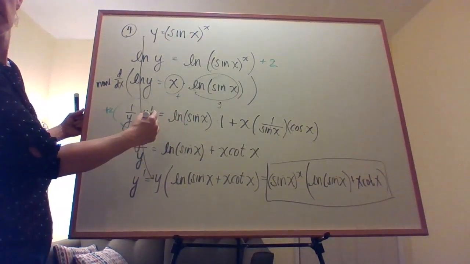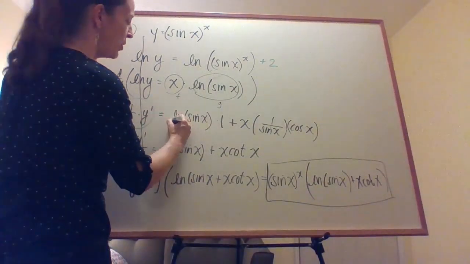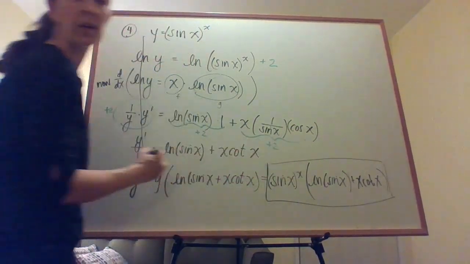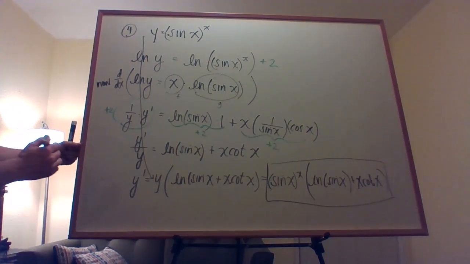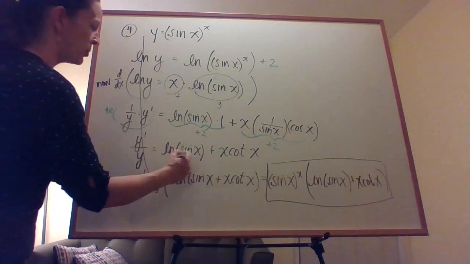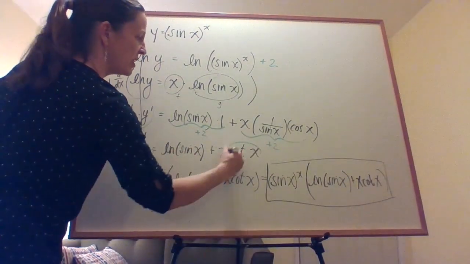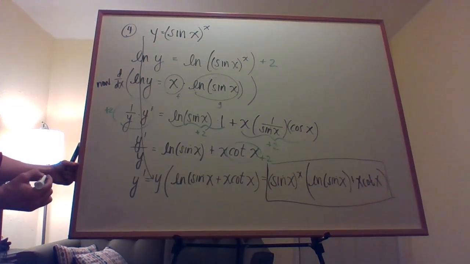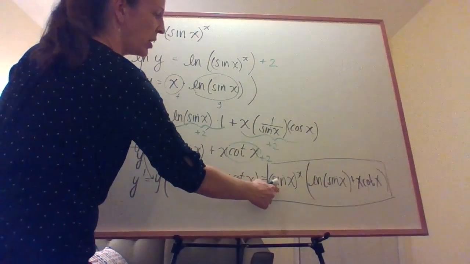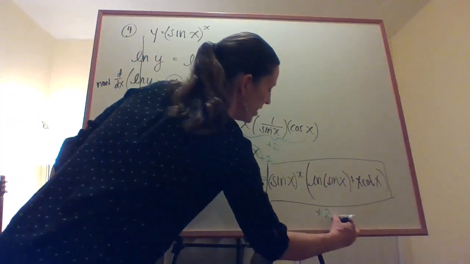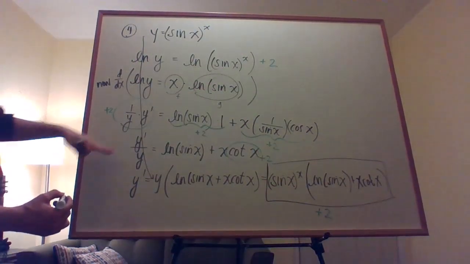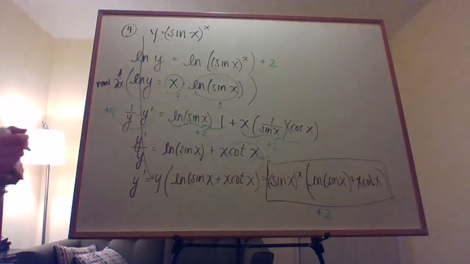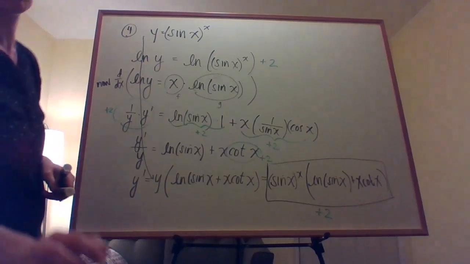Differentiating using the product rule is 2 points for each term, so 2 points for this term, 2 points for this term. Simplifying and cleaning it up, so particularly getting that cotangent here, that's another 2 points. And then solving for y prime and plugging in y, your final answer is worth 2 points. Okay, so overall we've got 2, 4, 6, 8, 10, 12 points. Give yourself a score out of 12 for number 4.